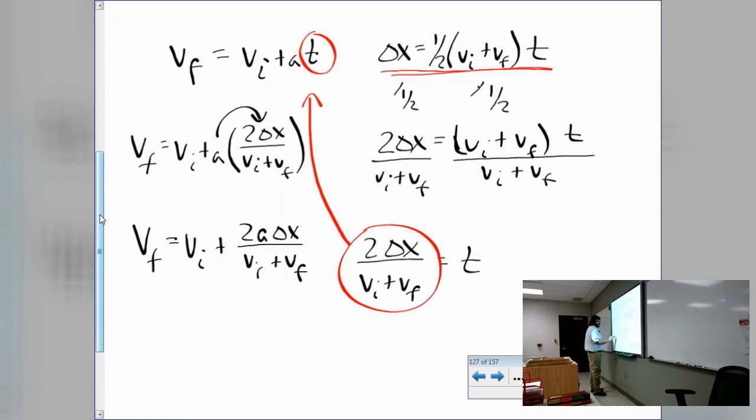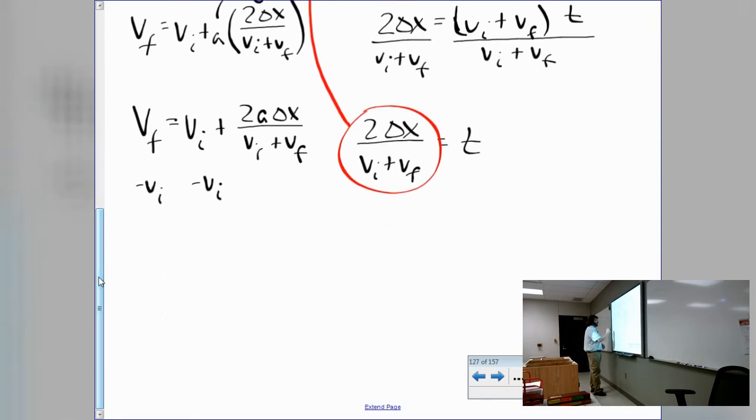I'm going to subtract velocity initial from both sides, and that's going to give me velocity final minus velocity initial equals 2a delta x over velocity initial plus velocity final.